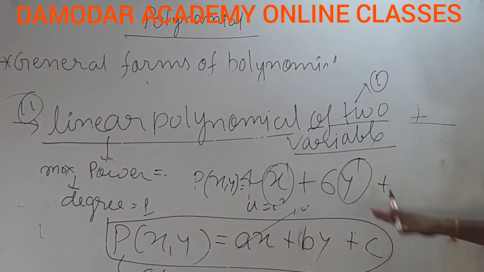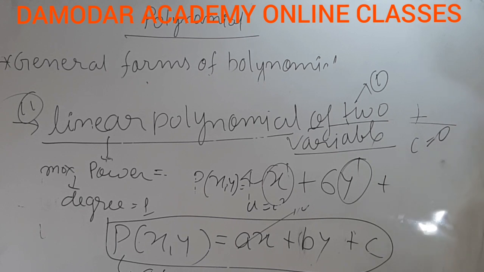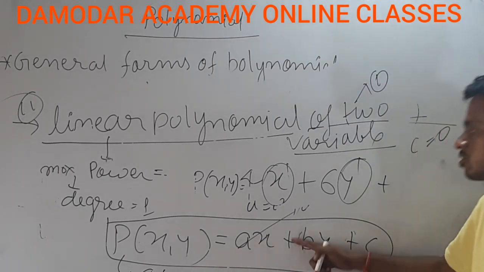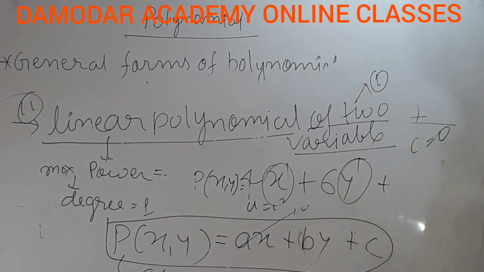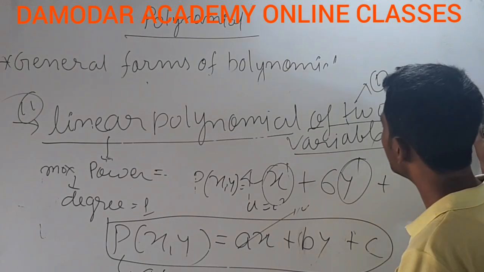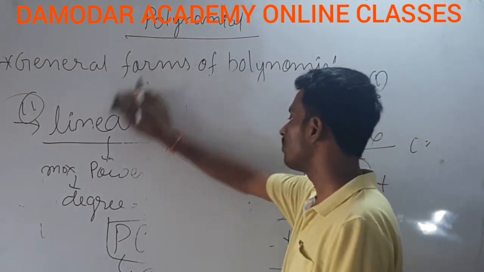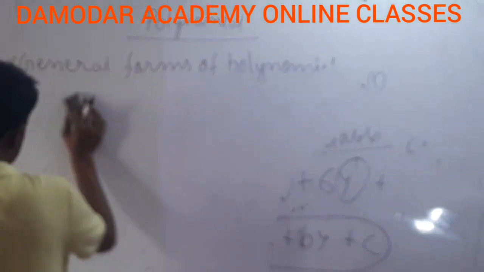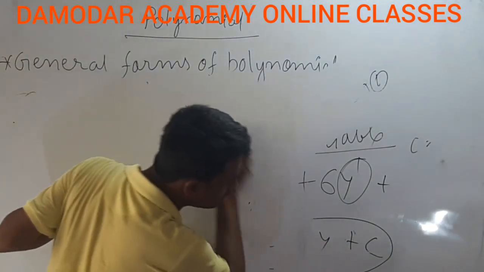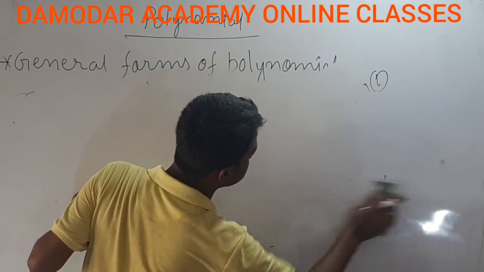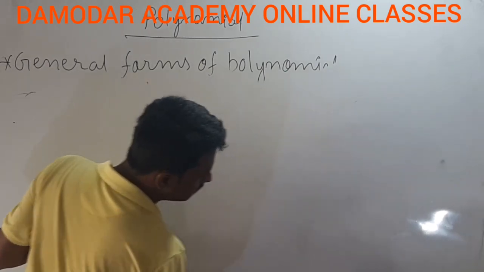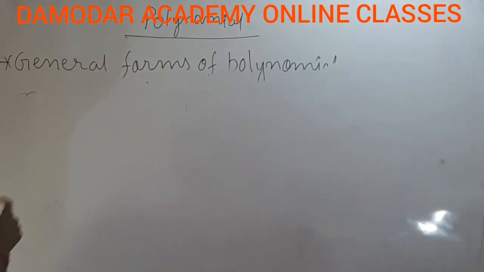For example, for this case, c is equal to 0. c may or may not be equal to 0, but a and b are not equal to 0 for this case. Now we will move forward and look at the quadratic polynomial of a single variable.